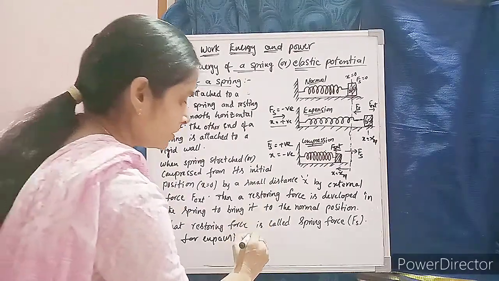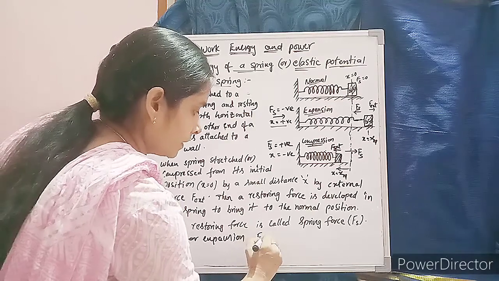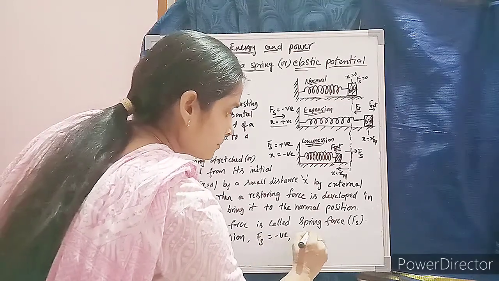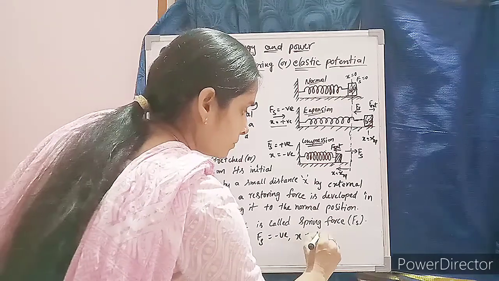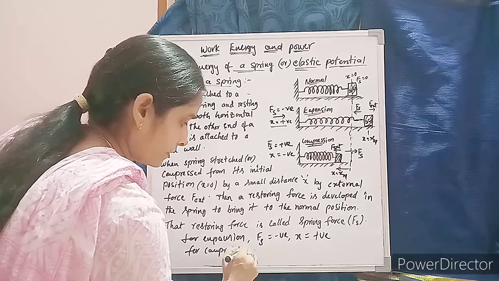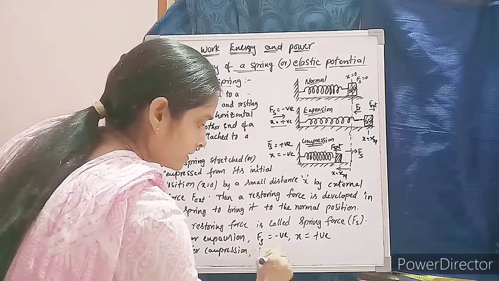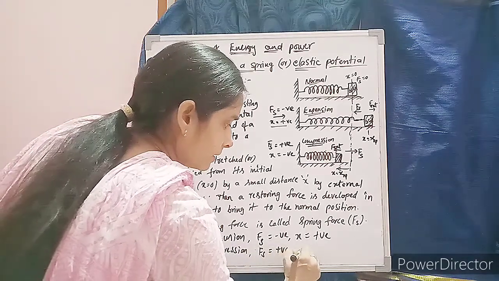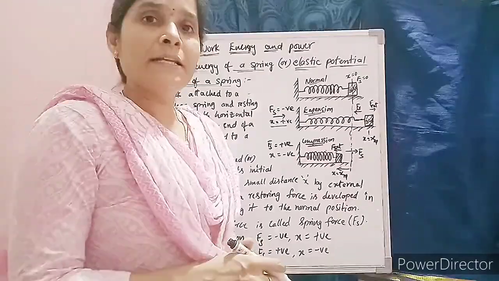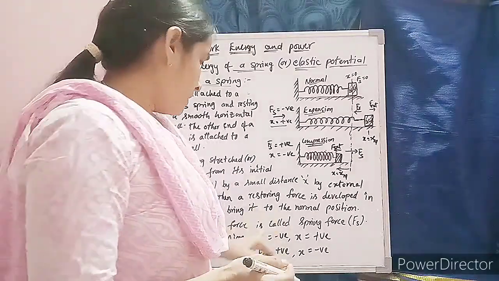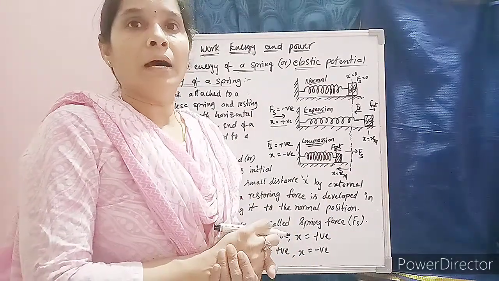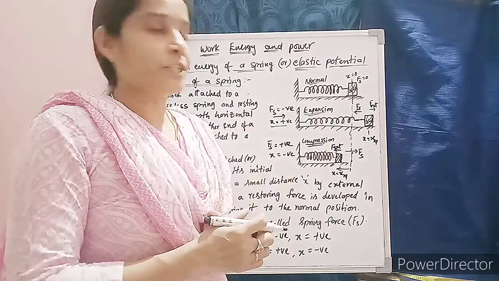For the expansion, Fs is negative and displacement x is positive, and for compression Fs is positive and displacement x is negative. For the ideal spring, the restoring force and displacement are proportional and in opposite directions.